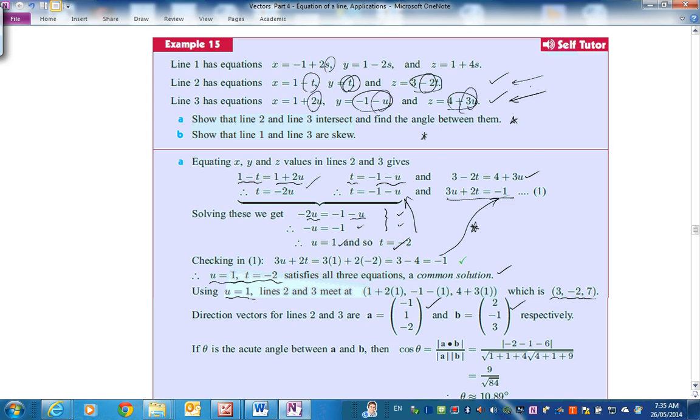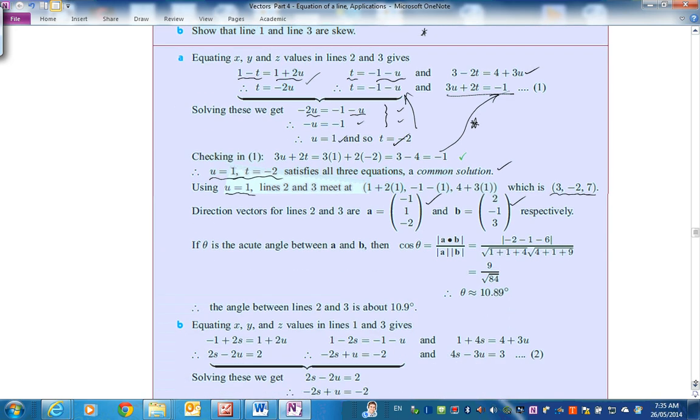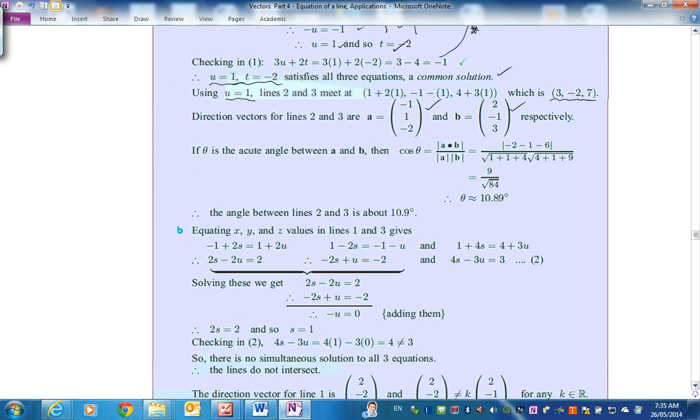Okay, so now we can use the dot product. The cos of the angle between them is the dot product divided by the two lengths, just using these two vectors now, and we can get that to 3 significant figures: 10.9 degrees.